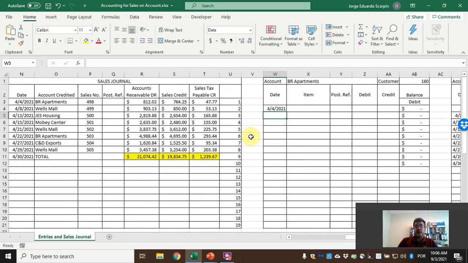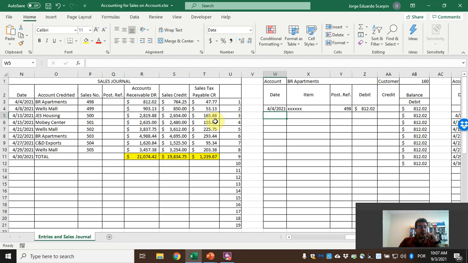This first one here, and item, we can type any items that we are selling. It is $498. Our debit, 812. So this is how much we are collecting from them. So this is how much they owe us.